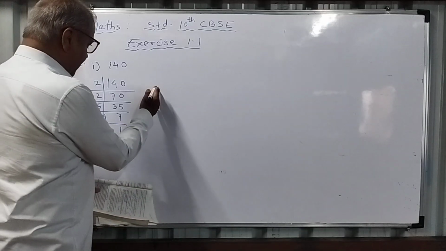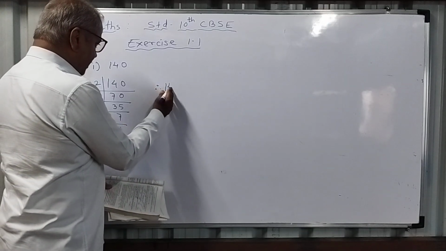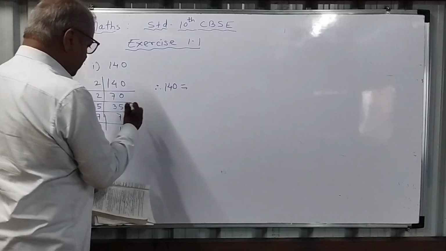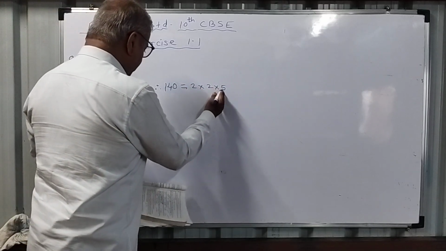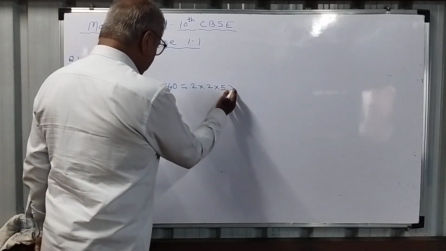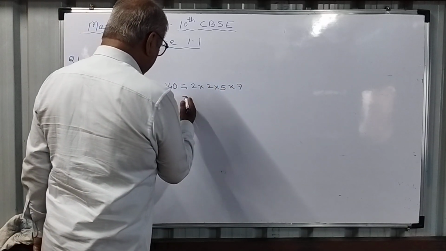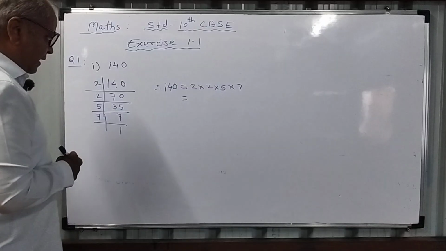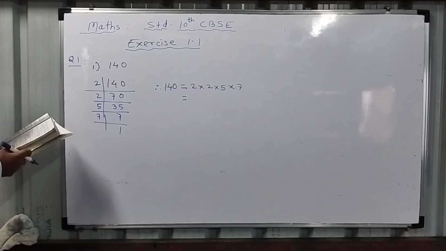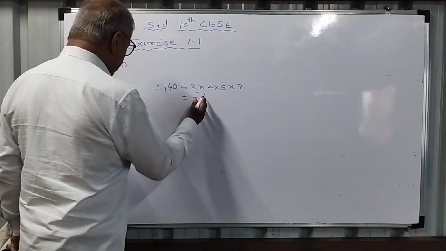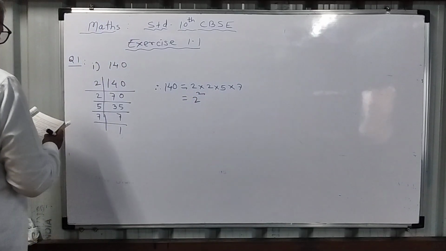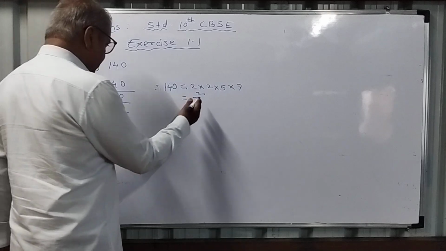So we can write 140 is equal to 2 into 2 into 5 into 7, but it can be written in terms of power as 2 raised to 2 into 5 into 7.